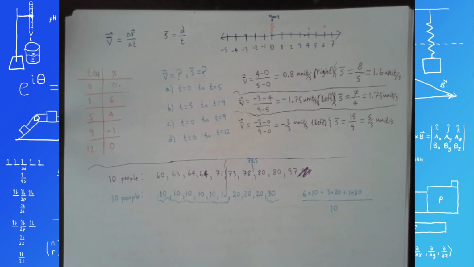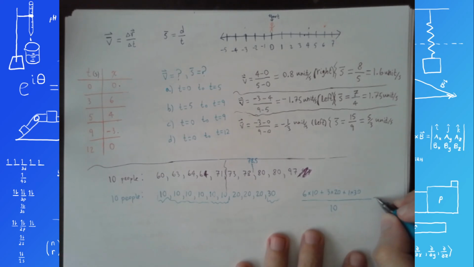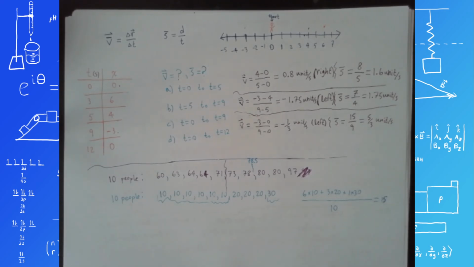So that's 60 plus another 60 plus 30 is 150 over 10, and I get, for my average, 15, which is not halfway between 30 and 10. That would have been 20. It's even lower than that. It's a lot closer to the 10s than it is to the 30. That's all due to the 10 being weighted more.